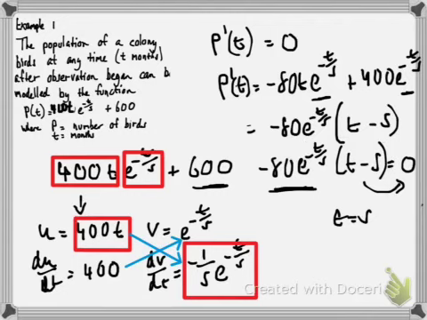So we've only got one answer here, and I'll just make it a little bit neater than what I just did. Only one solution here, and that's t equals 5. So our maximum population of birds occurs at 5 months, and that answers question B.